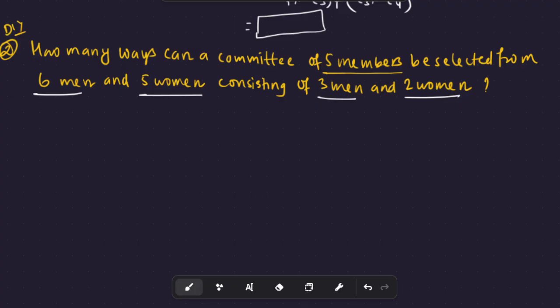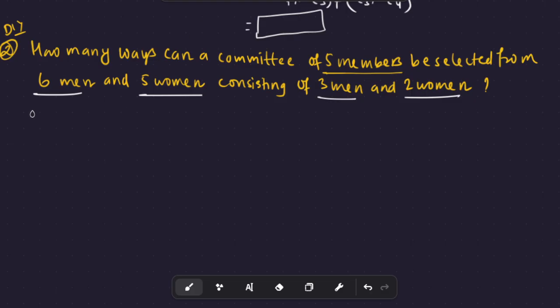Six C3. And two women can be selected in 5C2 ways.